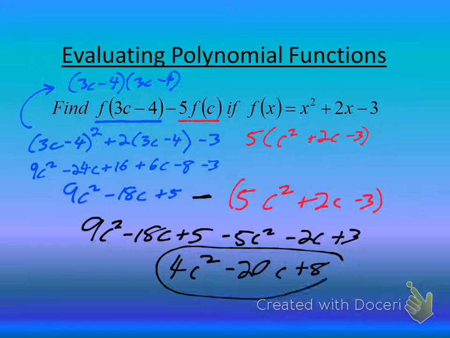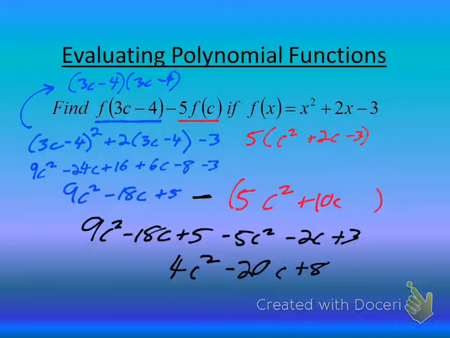Wait, shouldn't the -3 be -15 because you distributed 5 into it? Ah, crap. Thank you. And the 2 should be a 10, shouldn't it? Yes. I completely botched that, didn't I? Wow, on video too. That's wonderful. My bad. Because I was just thinking I got -28c, and I'm like, how'd you get 1?